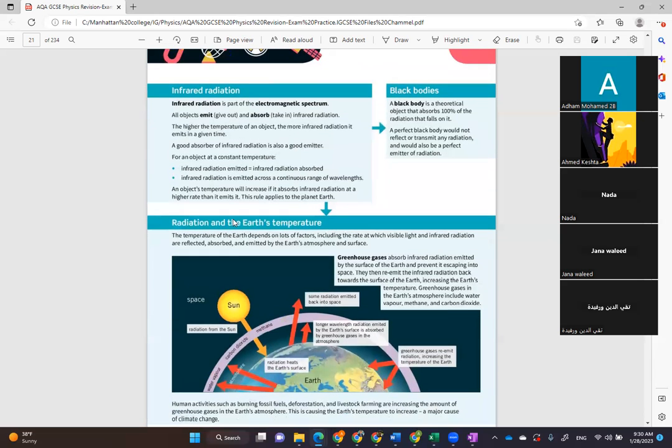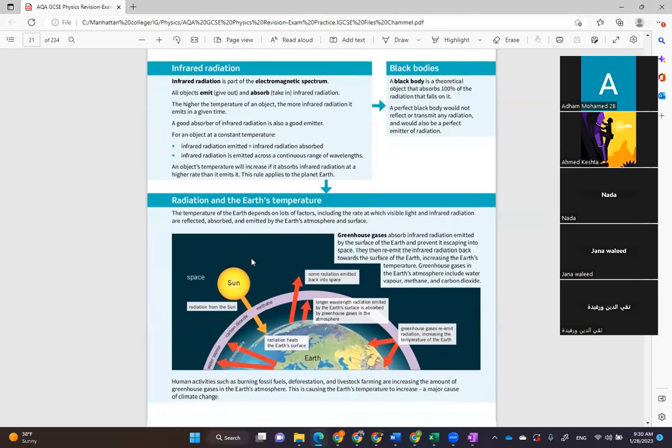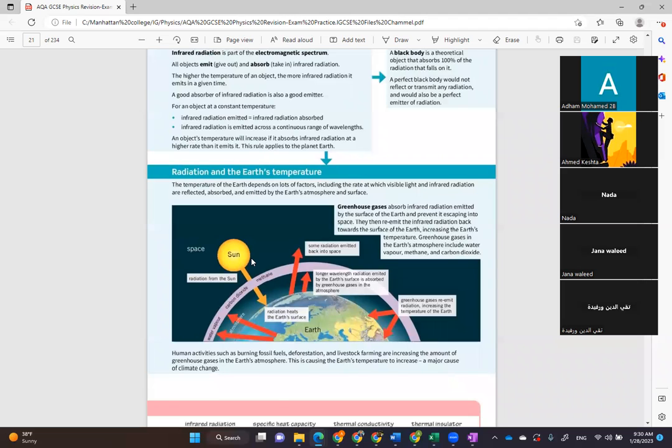Radiation and Earth's atmosphere. The temperature of the Earth depends on a lot of factors, including the rate at which visible light and infrared radiation are reflected, absorbed, and emitted by the Earth's atmosphere and surface. Okay, let me explain here.